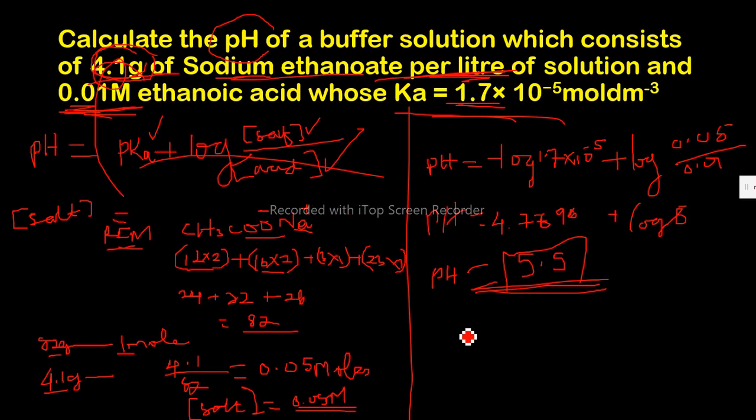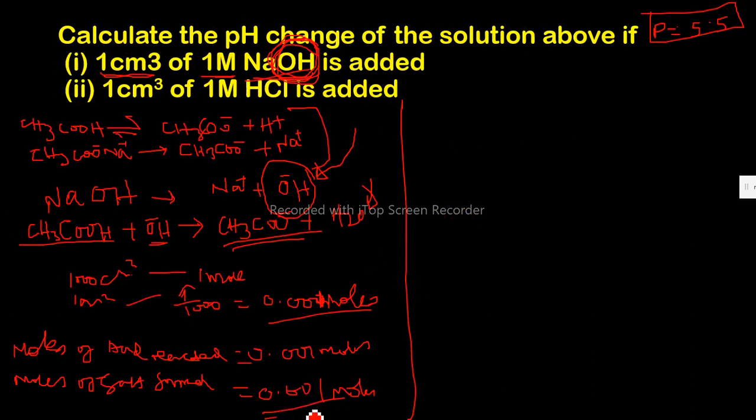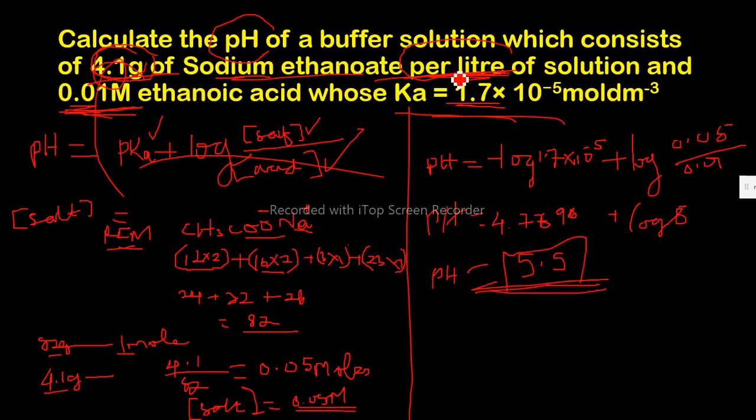So back to the question. It says to calculate the pH of a buffer solution formed by dissolving 4.1 grams of sodium acetate per liter and a solution of ethanoic acid. We don't have volumes, so we shall just take this to be 1,000.